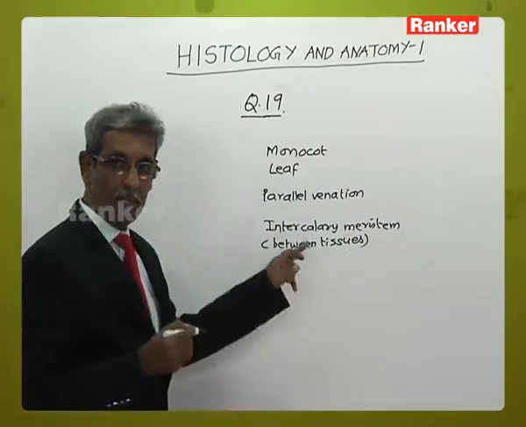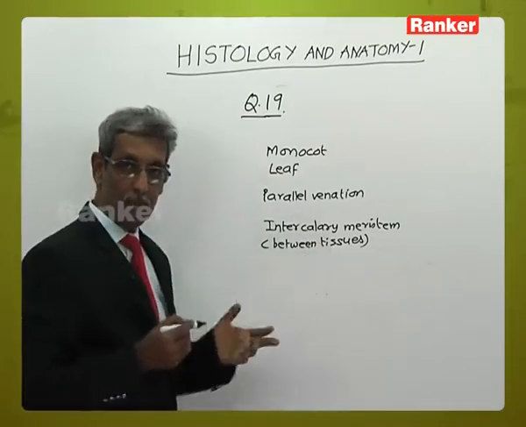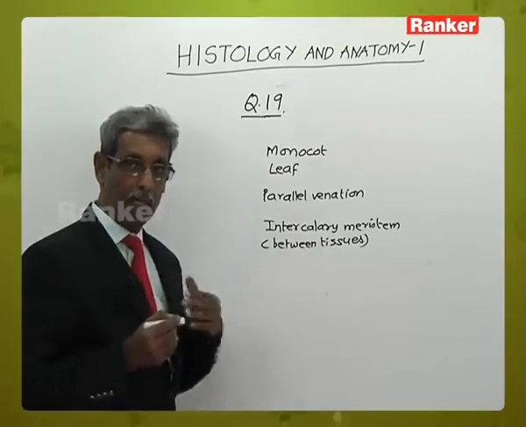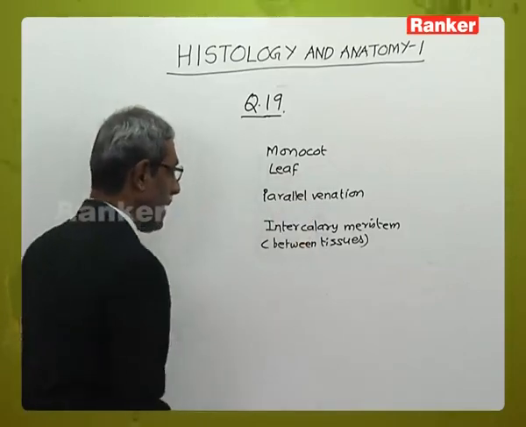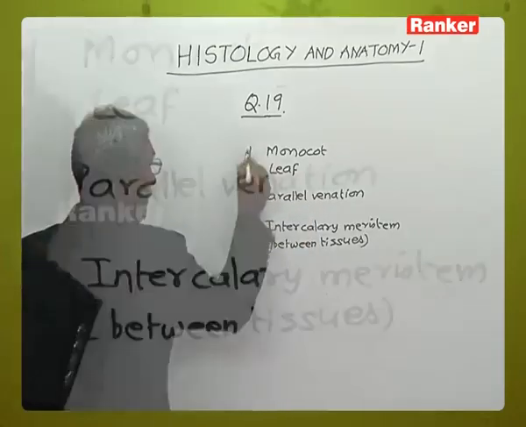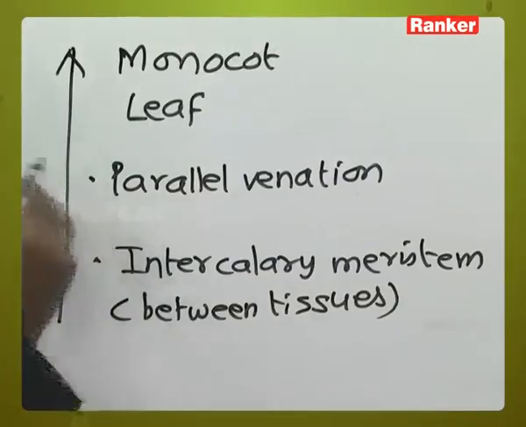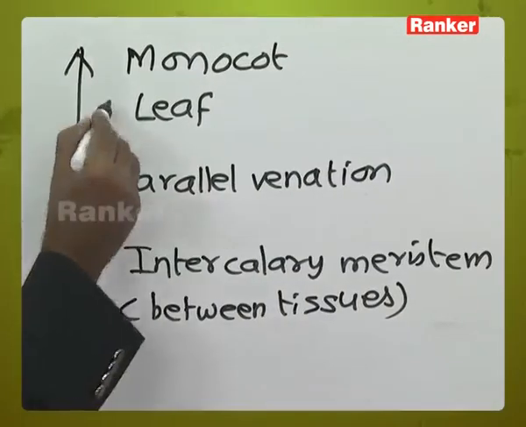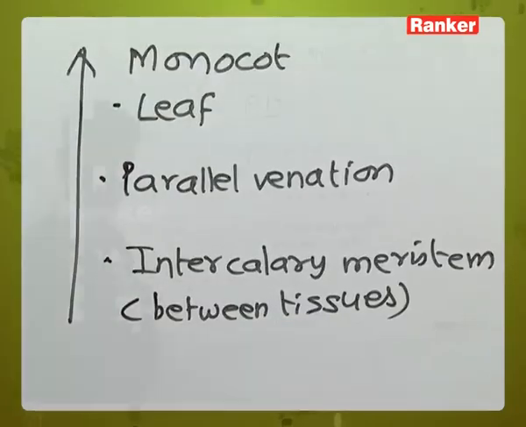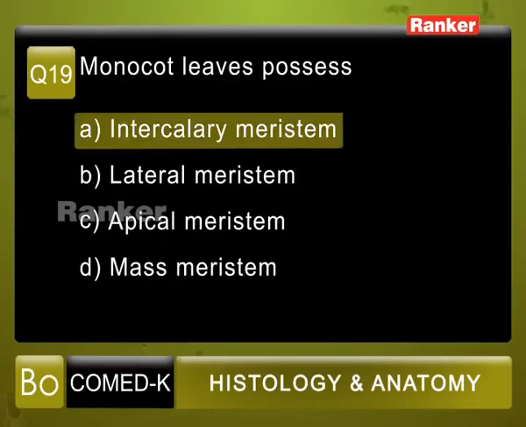So, there is continuous division between the tissues, which gives rise to the xylem and the phloem on either side, leading to the formation of a parallel venation. So, due to the presence of an intercalary meristem, we have parallel venation in the leaves, which in turn is a characteristic feature of the monocot leaf. The answer is A.